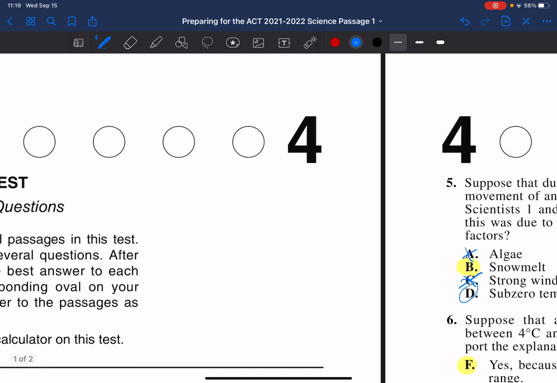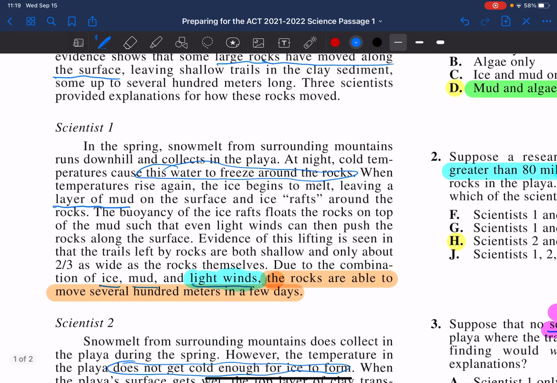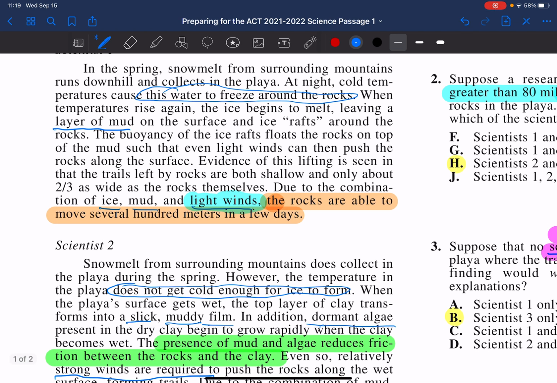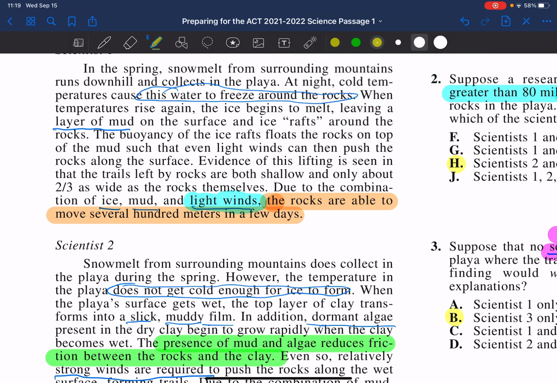But they both mention the fact that there is snowmelt going on. Okay. Because they both mention, in the spring. There's the key phrase right there. In the spring, snowmelt.